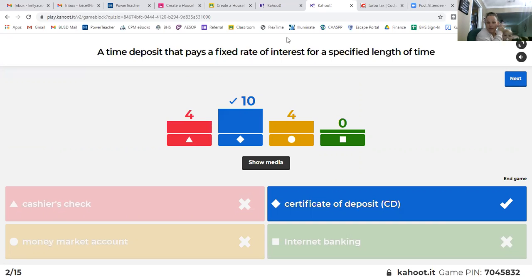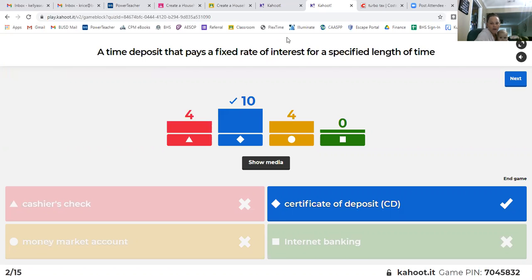So that is a certificate of deposit, a CD. It's a time deposit. A cashier's check is something that the bank writes for you. You give them the money and they write the check.